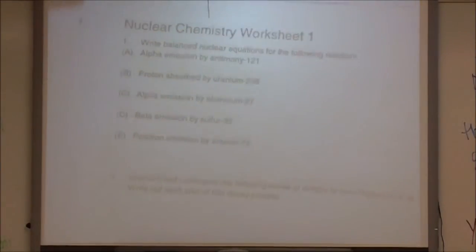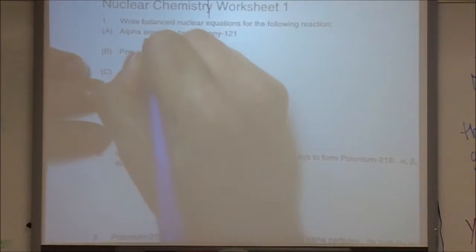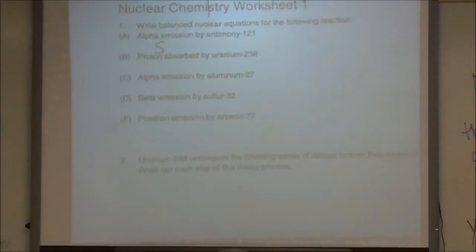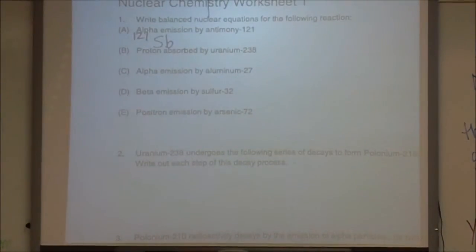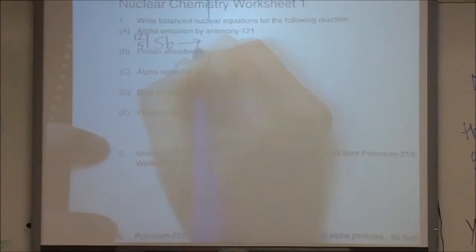Alpha emission. So antimony is what? SB, thank you. So we put 121. What's the atomic number of antimony? 51. All right, we're going to have alpha emission.